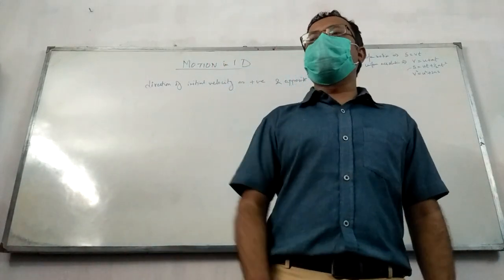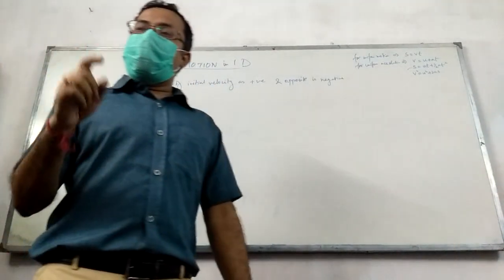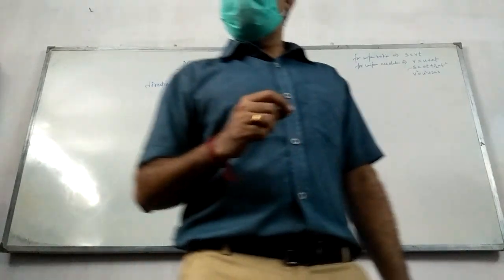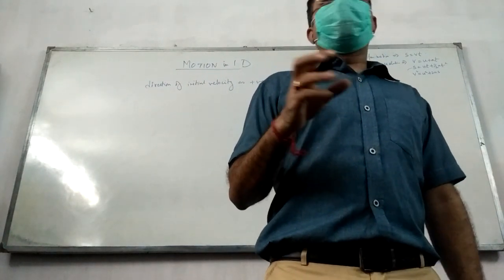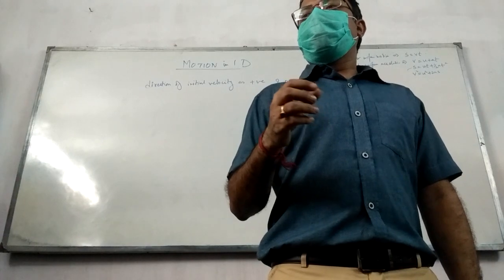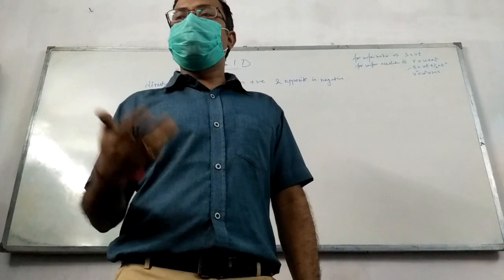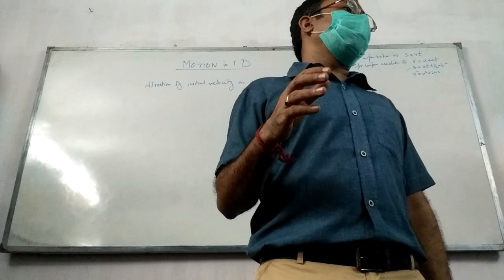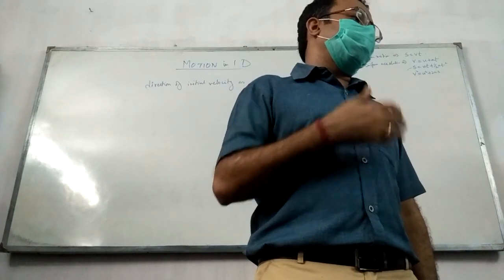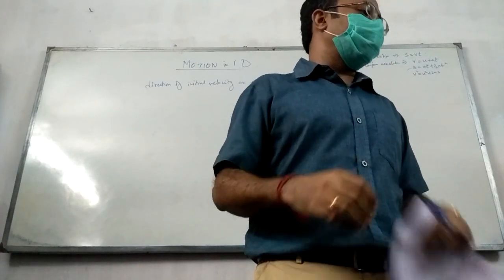Okay, so you can write this down that an elongated body can be taken as a point object when its orientation does not change with the motion.